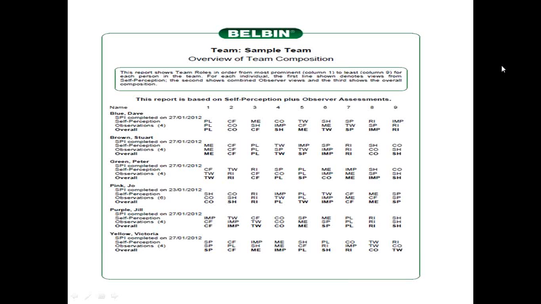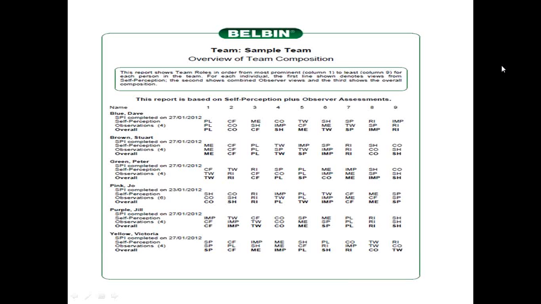And you will end up answering a questionnaire which will produce a report indicating what type of person you think you are. The observations, which we recommend are at an absolute minimum 4, and preferably 6, will give you a rounded picture. And so the difference between your self-perception and the observer assessments will give a rounded picture, which we have put in as overall.